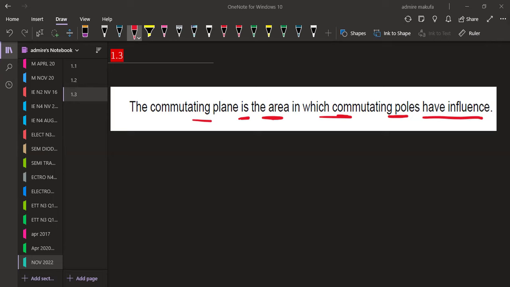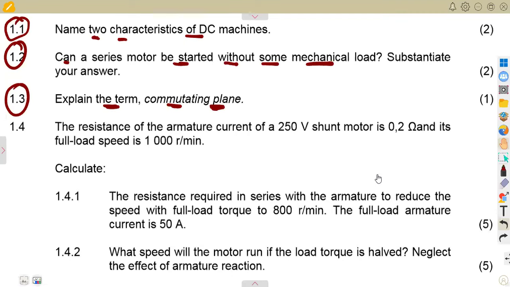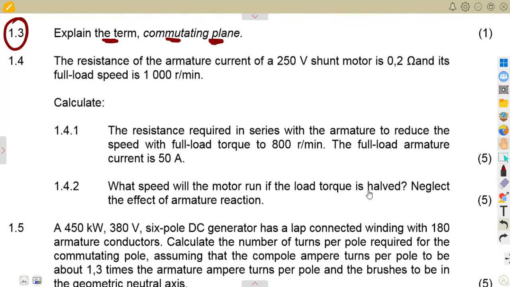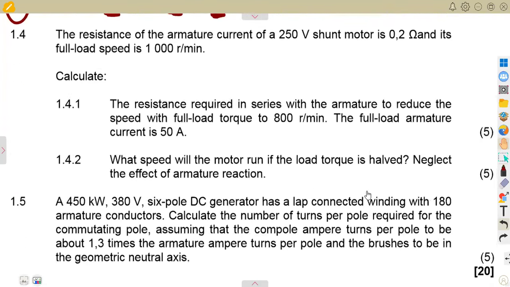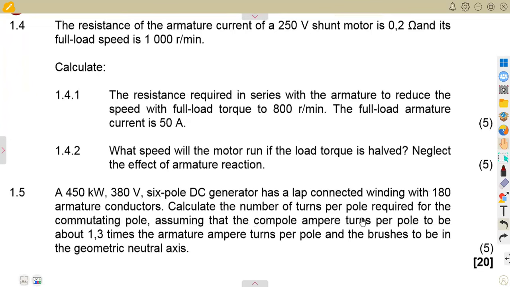So this theory, like I said, just make sure you go through your theory before the examinations and also your calculations at the same time. As we can see, we have got 15 marks on our calculations.